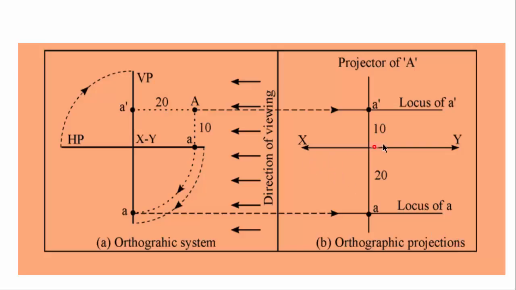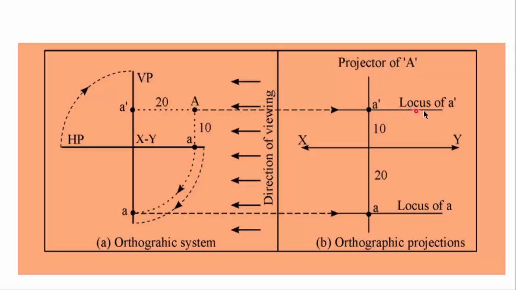Before proceeding, have you noticed a few new terms? Let us take a look. The first term, projector. A vertical line, that is a line perpendicular to XY line, on which both views, plan and elevation, lie, is known as projector. Thus, plan and elevation of any point will always lie on its projector.